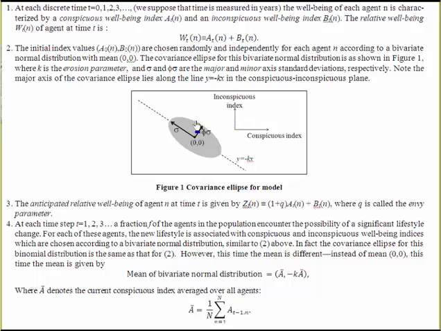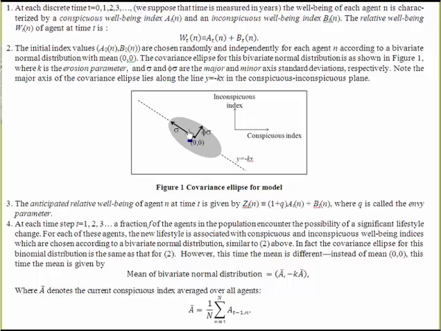So what this says is that if you have a choice or a lifestyle where conspicuous is favored, it tends to disfavor the inconspicuous index. That's the negative slope here, but it's only a tendency. There is a covariance ellipse, so there is a certain amount of randomness. And starting out at time 0, we center this ellipse at 0, 0. And this is going to drift over the lifetime of the system of agents.